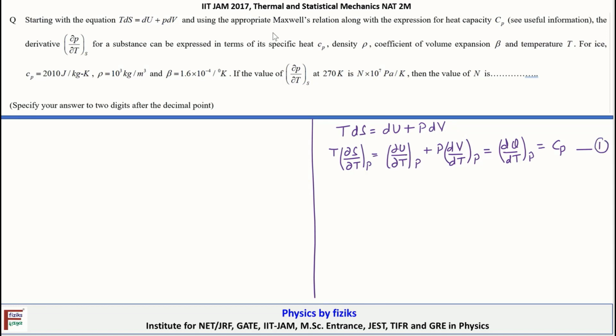Now why am I writing this to be equal to Cp, the heat capacity at constant pressure, and how is this equal to this quantity? This can be understood as follows.